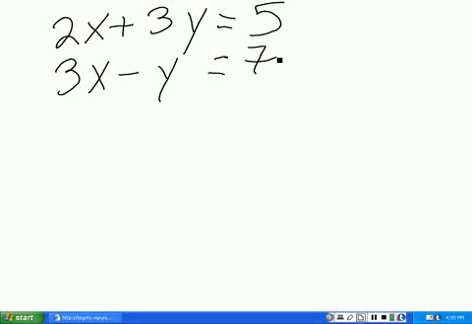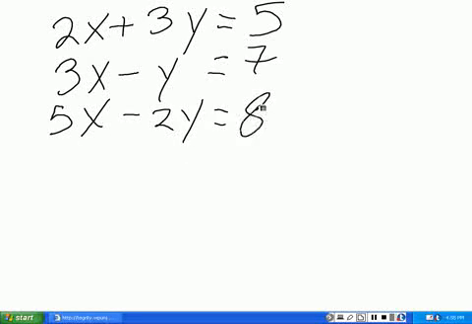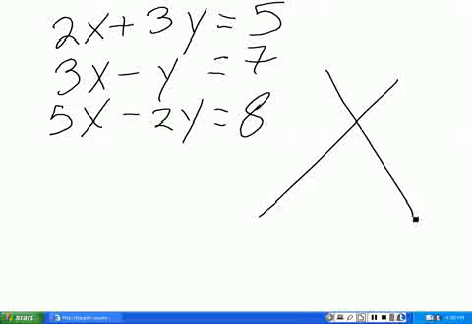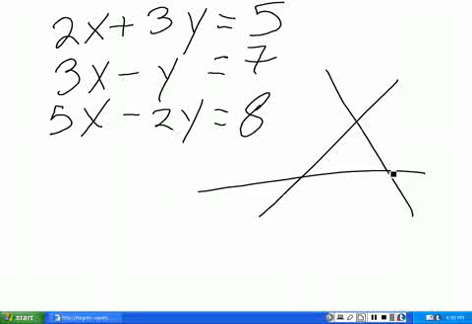But what happens if we bring in a third equation, something like, I don't know, that, just to make something up? Well, in general, there's not going to be any solution that meets all three. I mean, you have a line here, a line here, and a line here.